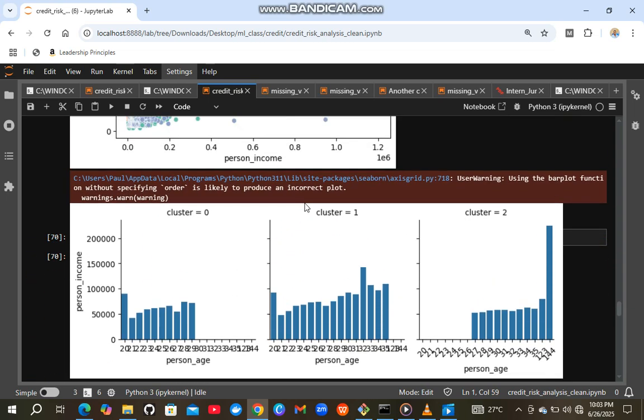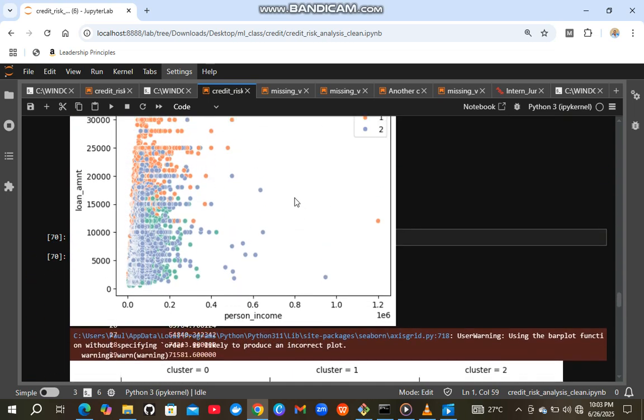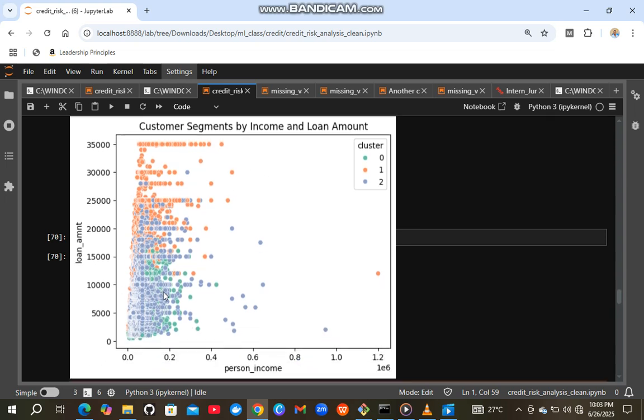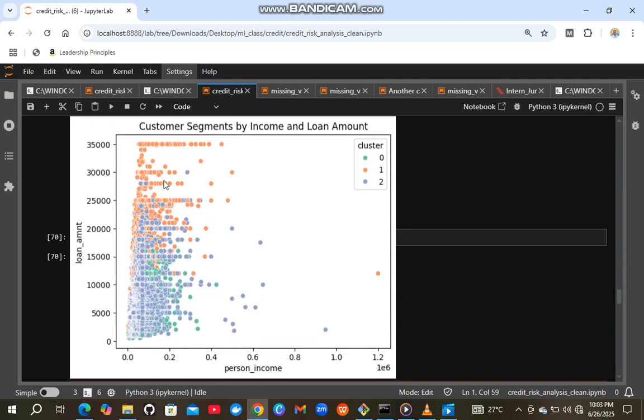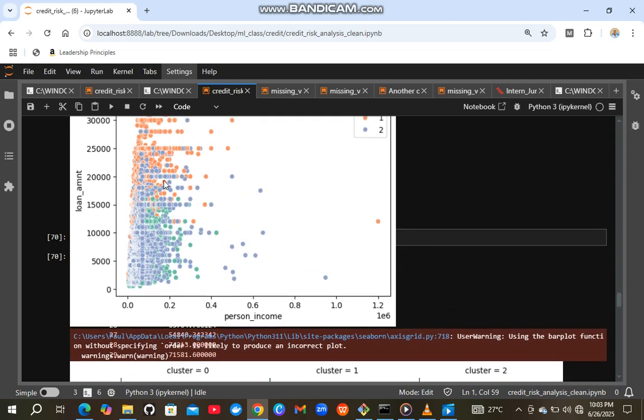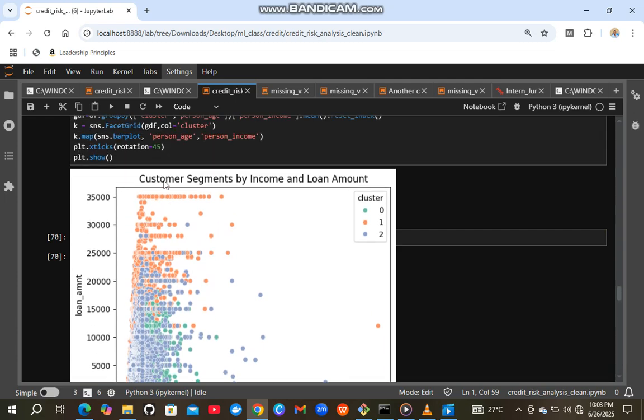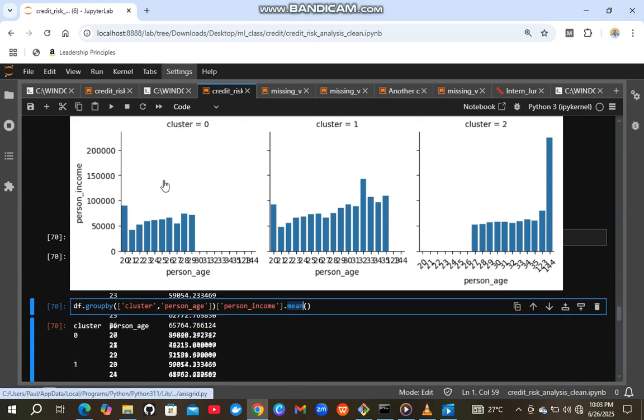So you can conclude that maybe the younger people borrow less, the people in their early 20s borrow less than people in their late 30s. That's the insight we can draw from our visualization thus far.